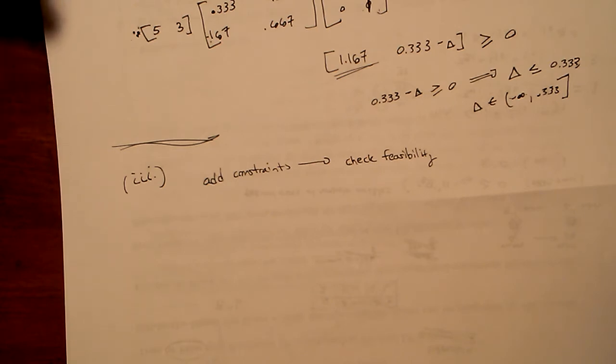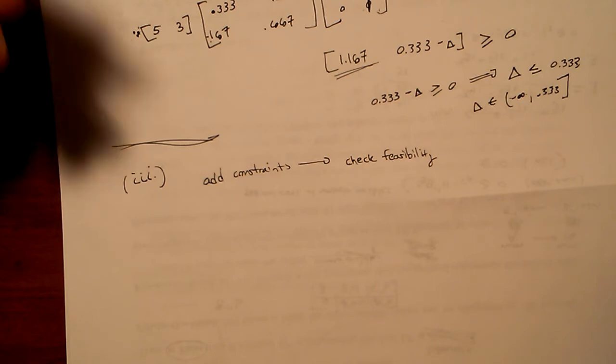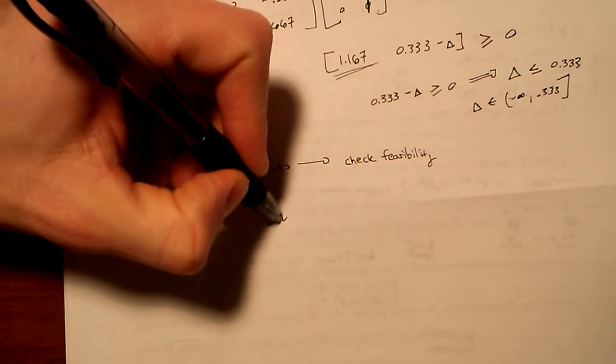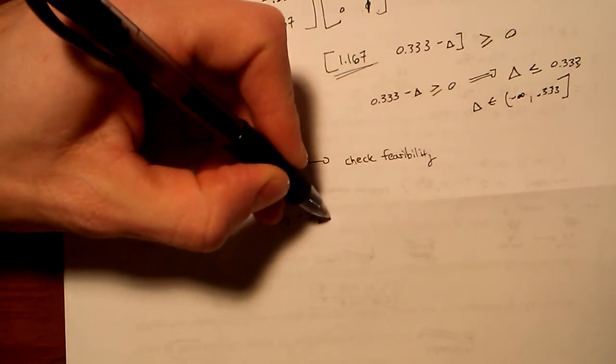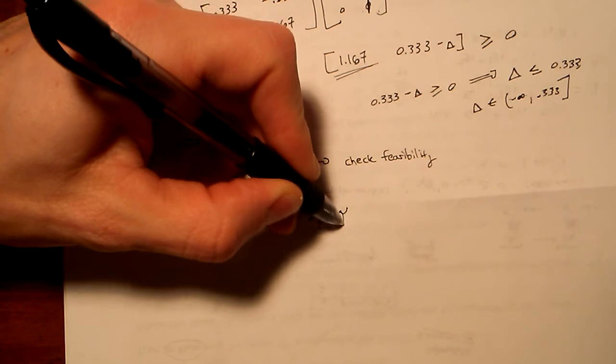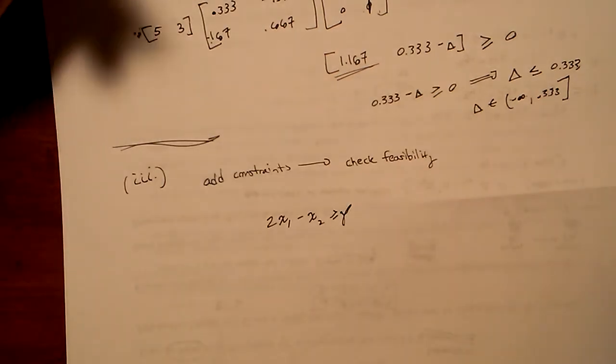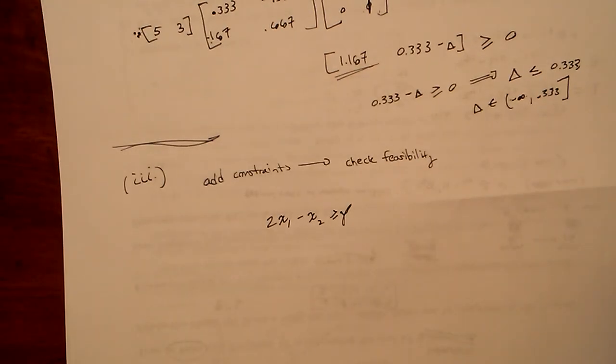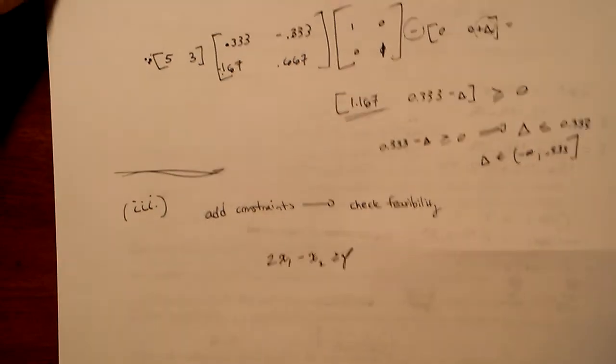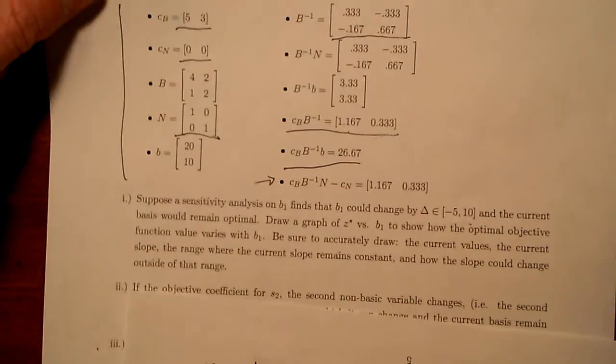We know the current solution is feasible for the current set of constraints. So in order to check feasibility when we add a constraint, all we need to do is check feasibility for that specific constraint. In other words, we've got 2x1 minus x2 greater than or equal to gamma. And the question is, what are the values of x1 and x2 at the current solution? Well, let's look back.